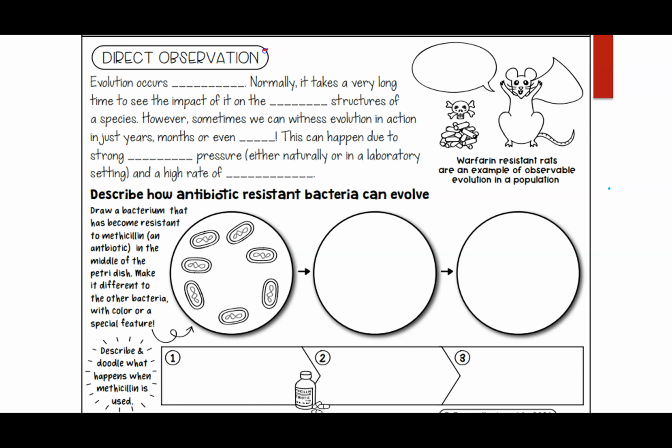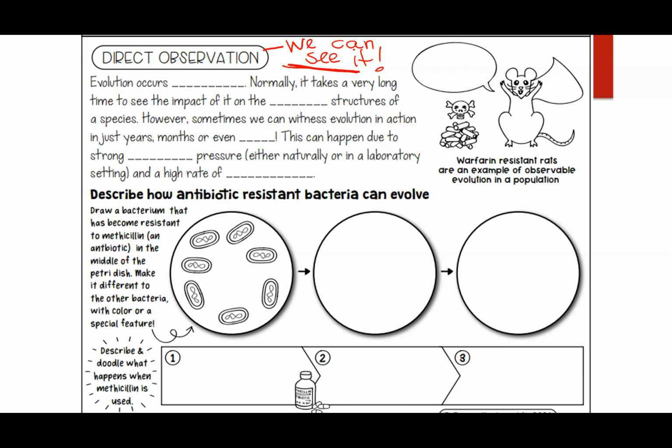So this is something that when evolution happens and we can see it. Okay? Now, this doesn't happen with fossils or with transitional species or biogeography. We can't see that happening. All right. Direct observation is something where evolution is happening so fast, we can actually see it.